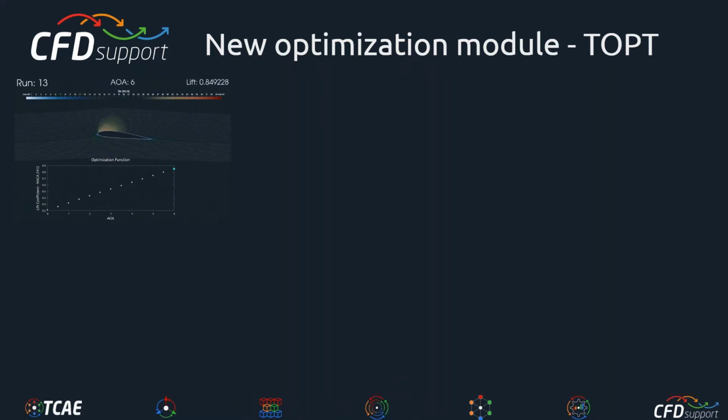There's one parameter, the angle of attack, and the opt module runs simulations again and again, and based on the results, it changes the angle of attack in a smart way, of course, and looks for the highest lift. So one application of the opt is looking for the maximum of the optimization function, which in this case is the lift coefficient of an airfoil.